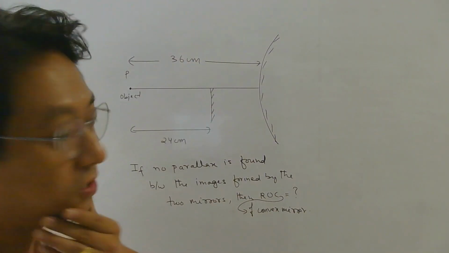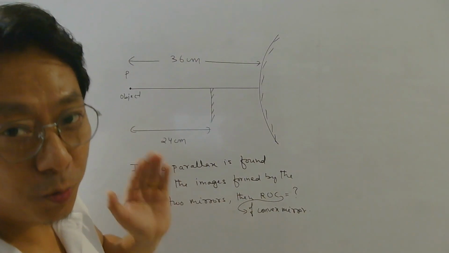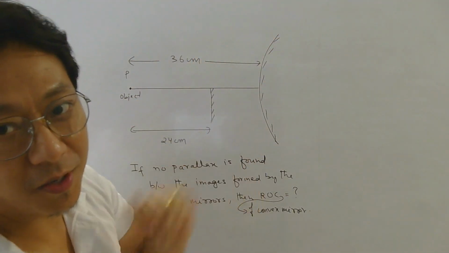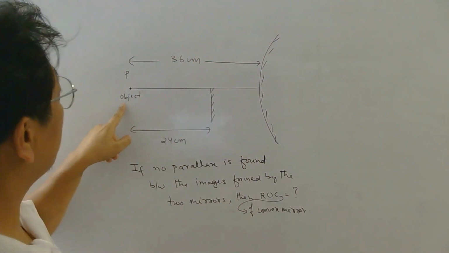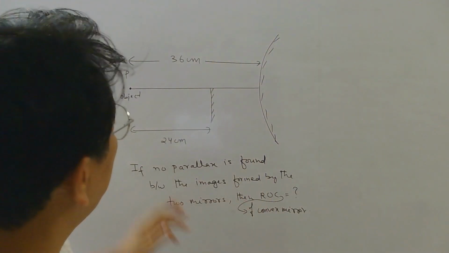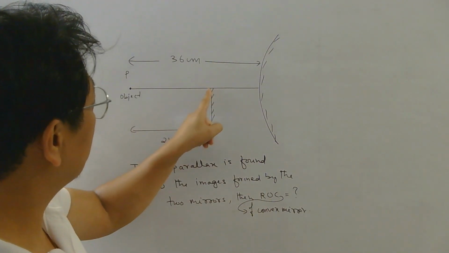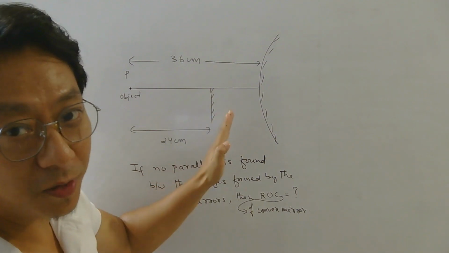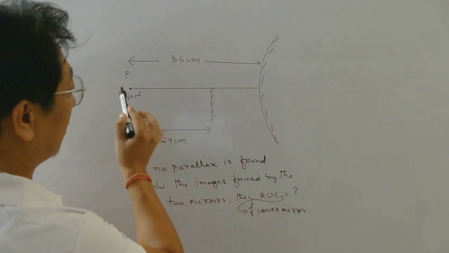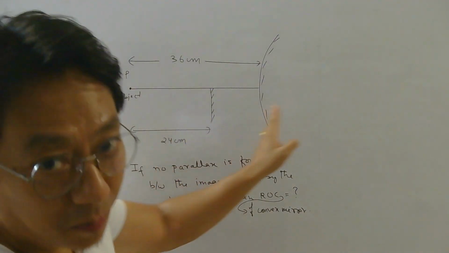Let's see the next question. So they have given you two mirrors, one is a plane mirror and one is a convex mirror. The object is kept at a distance 36 centimeter from the convex mirror, and the object is kept at a distance of 24 centimeter from the plane mirror. So some light will go this way, right? And that will form an image due to the plane mirror.